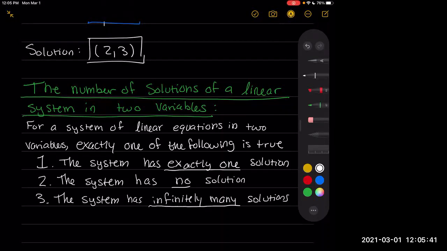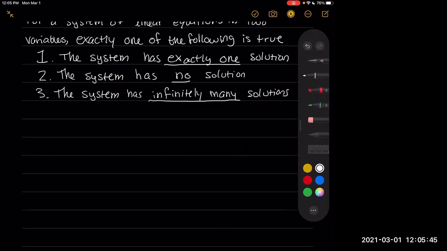Okay, so what this means is if we were to look at the graphs of problems like this, for the first one, we would have something like this, where the two lines would intersect, there would be exactly one solution.